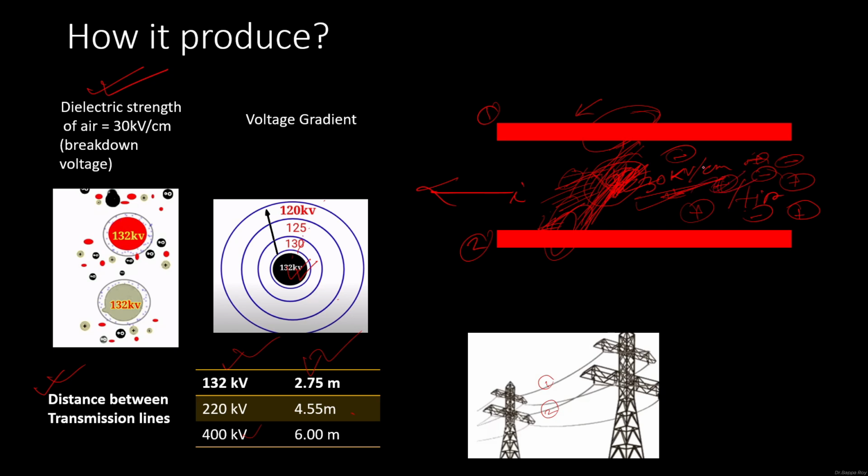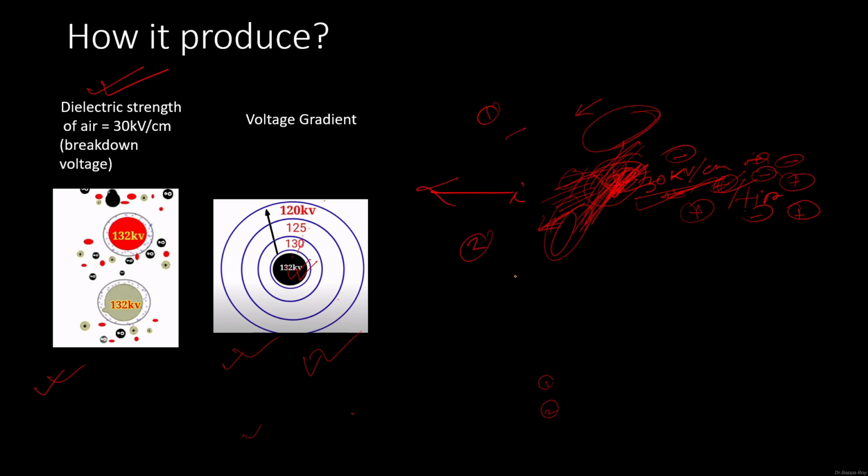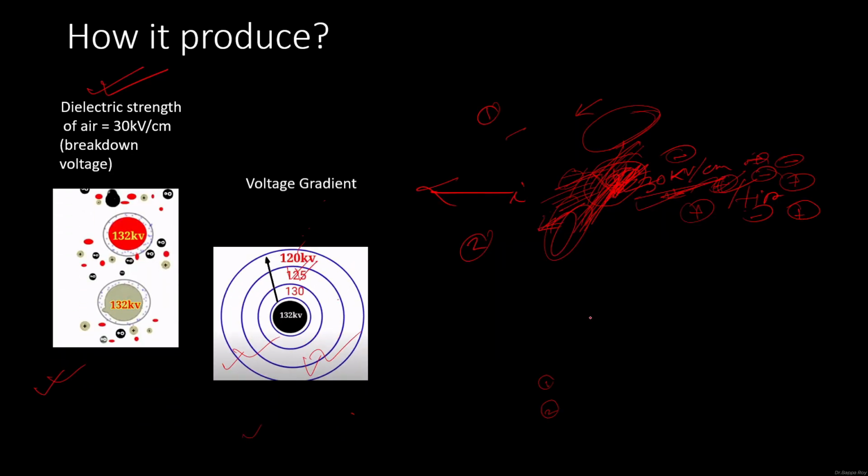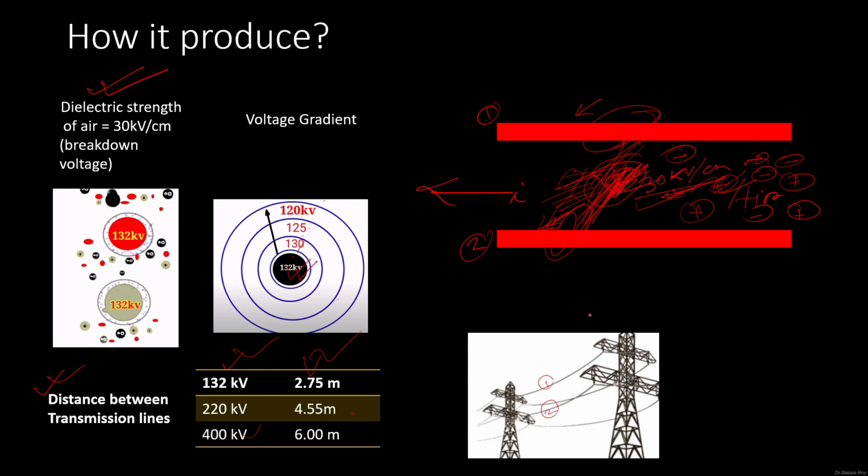Because of that, that hissing noise and that glow we have seen in the previous figure, those glows came. So like this, this corona discharge or corona effect occurs in the transmission line.